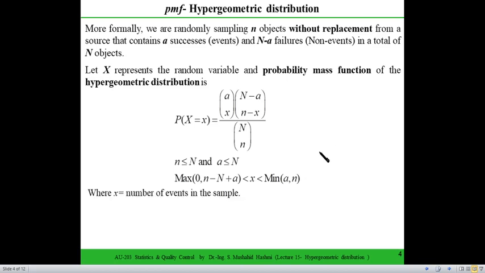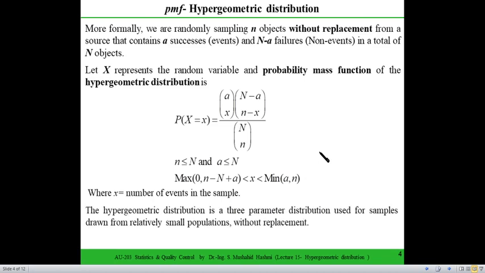Here x is the number of events in the sample, and the hypergeometric distribution is a three parameter distribution where you are drawing samples from a population, and obviously capital N should not be a big number, otherwise you cannot calculate its combination.